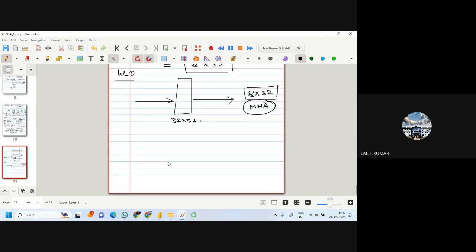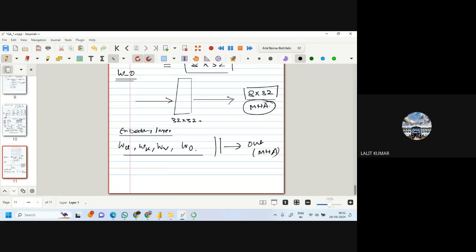So till now we have got the embedding layer in the starting, then we had WQ, WK, WV, and WO, and this gives me the output from the MHA. Is that clear?